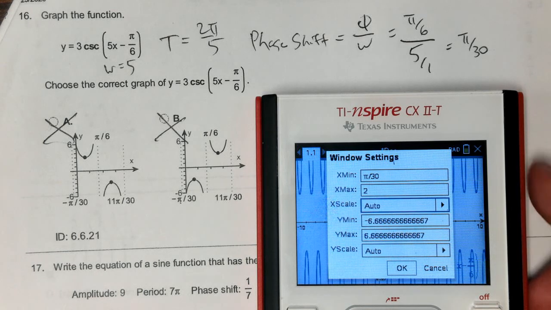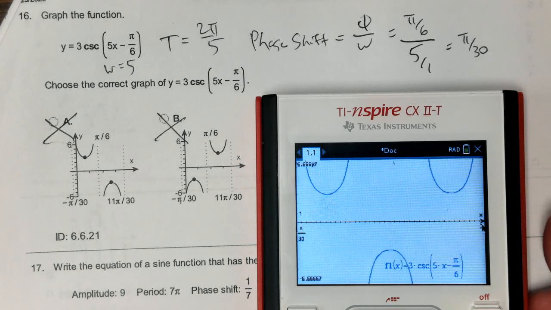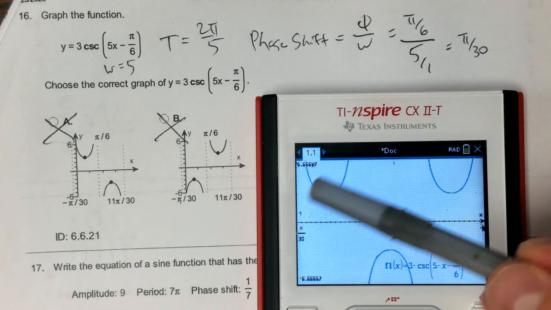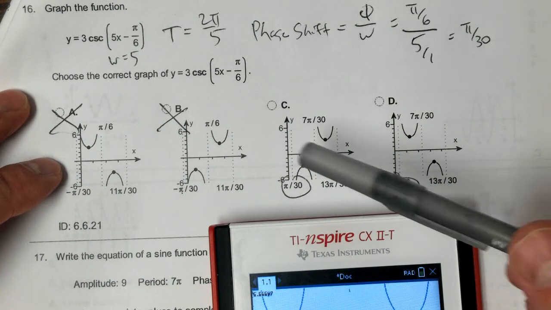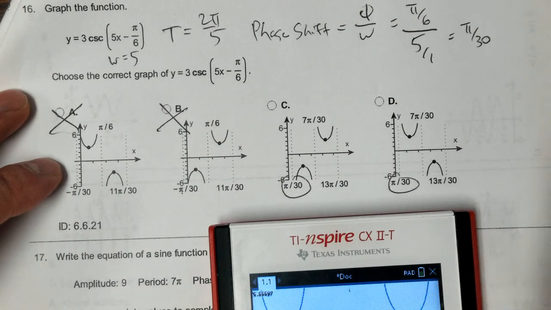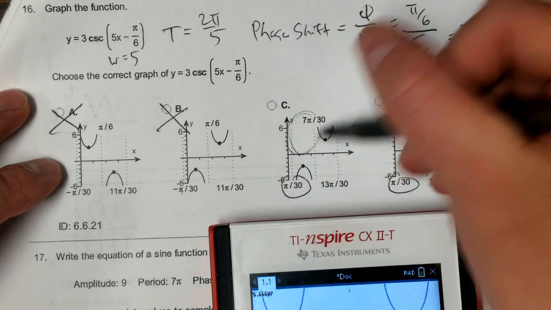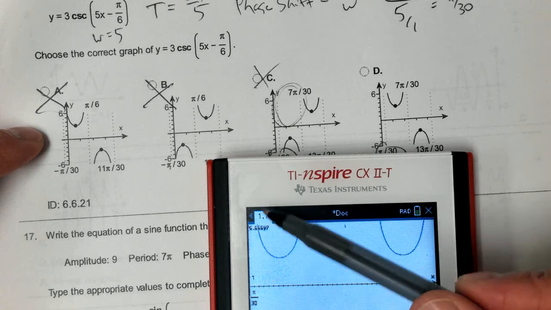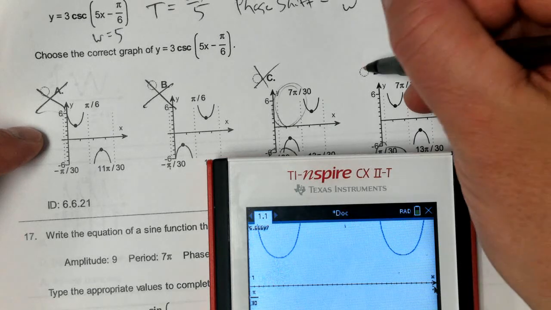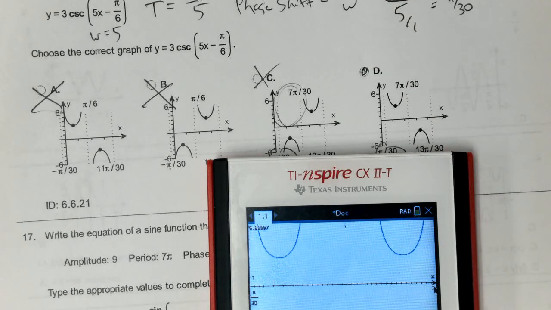And then that's fine. Okay, so there's a little space and then it's up. Not this one because of this space. There's your little space. It says D. Any questions?